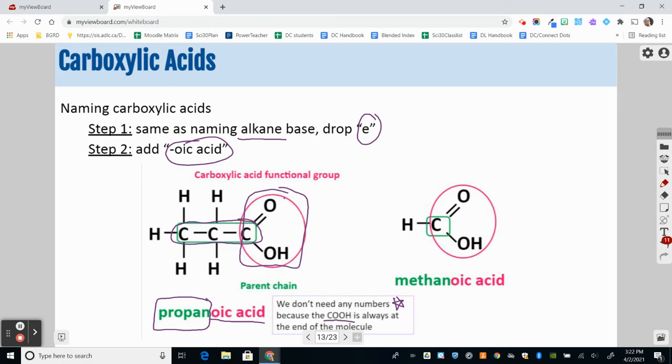It has to be, so it's always on carbon 1. If anything else is added onto the chain, it's going to be on a higher carbon. Here's methanoic acid. Meth only has 1 carbon, and from methane, the E is dropped and oic acid is added as soon as you add that carboxyl group.